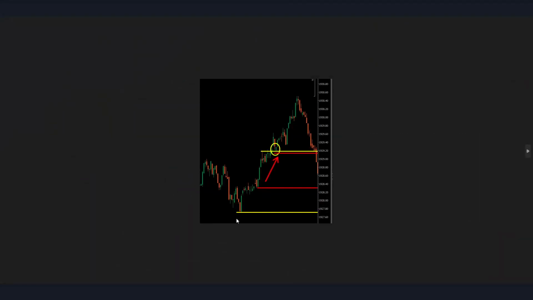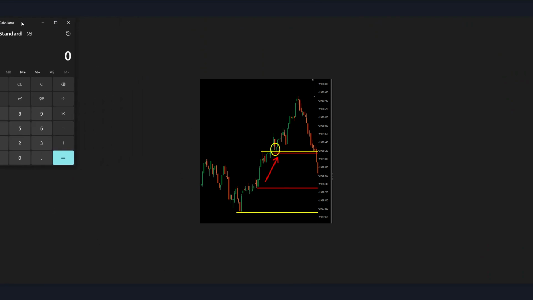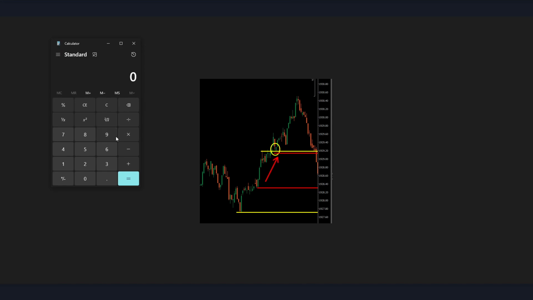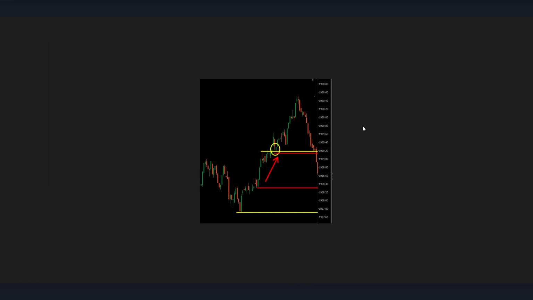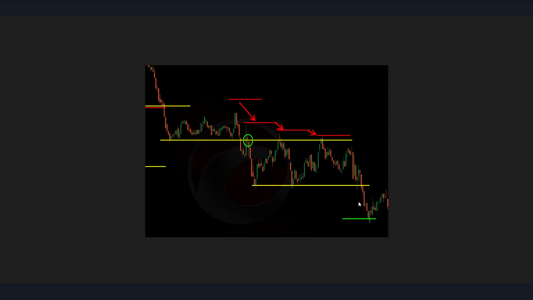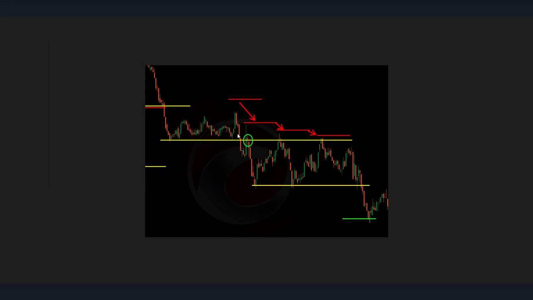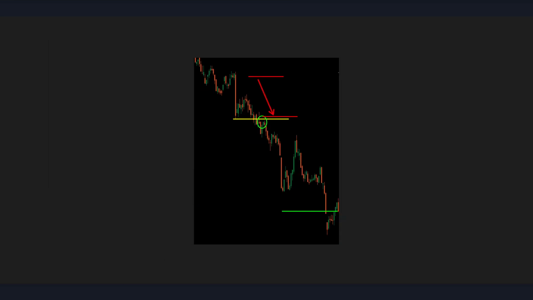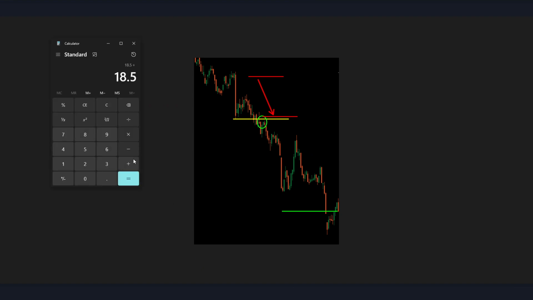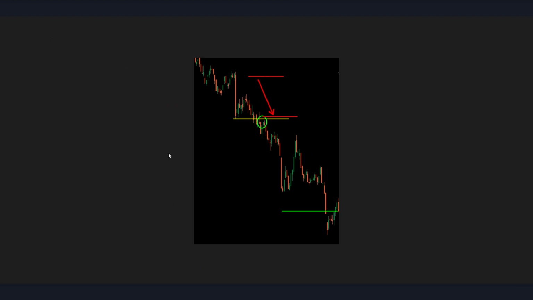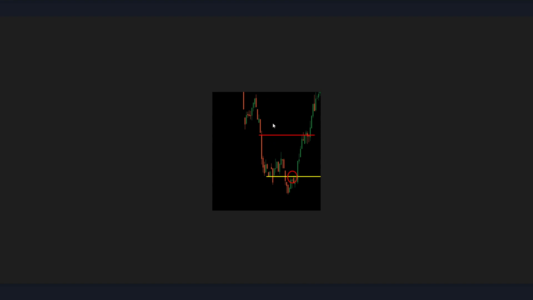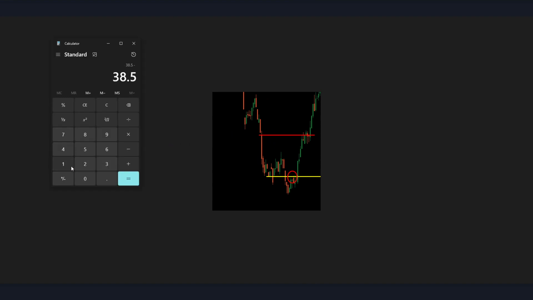Okay, so let's have a look. So this one will be a first loss. So let's use this one. This one will be, we said, about minus 1.5 pips. Okay. This one was a 20 pip, so this is a plus 20. This one was a minus 10, a full 10.